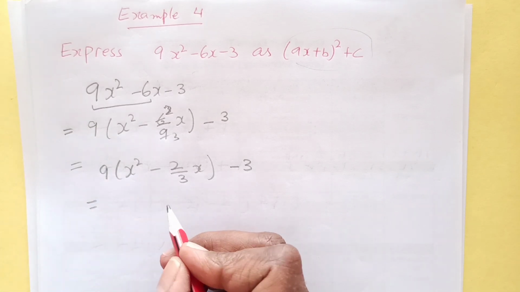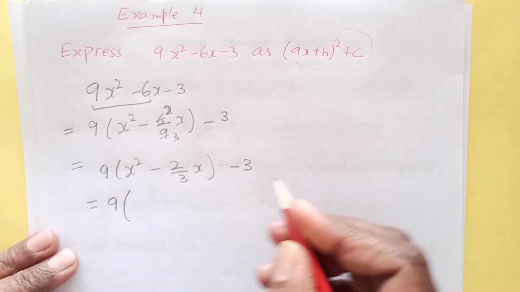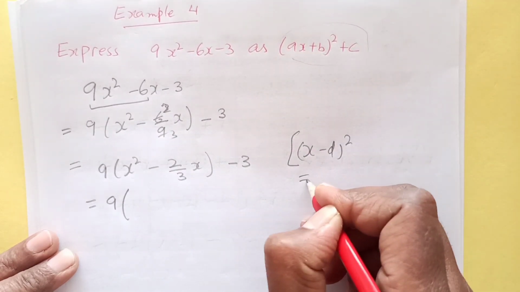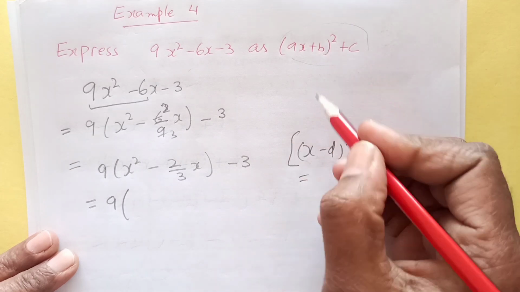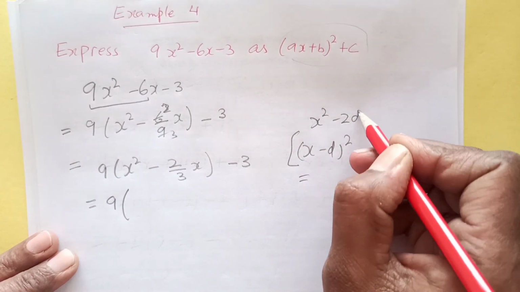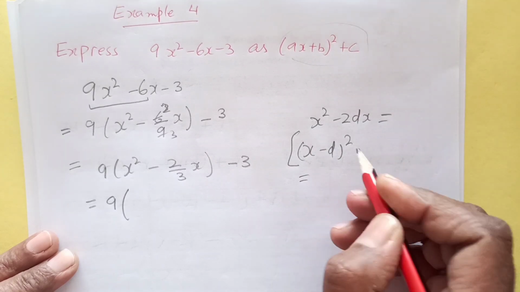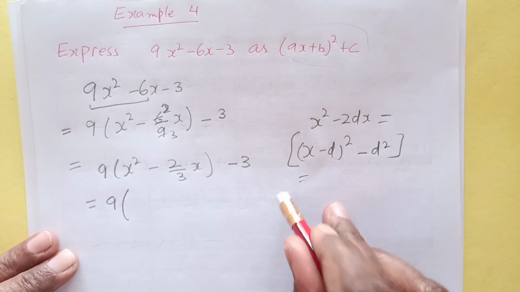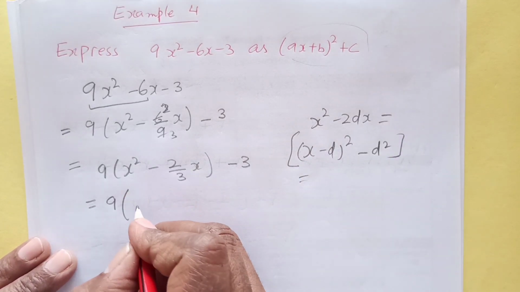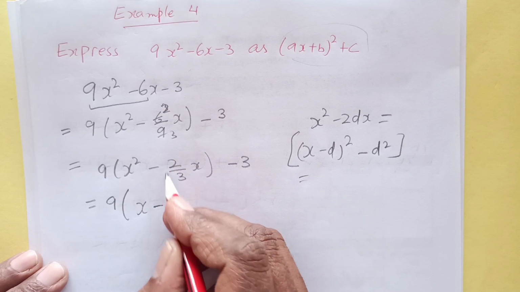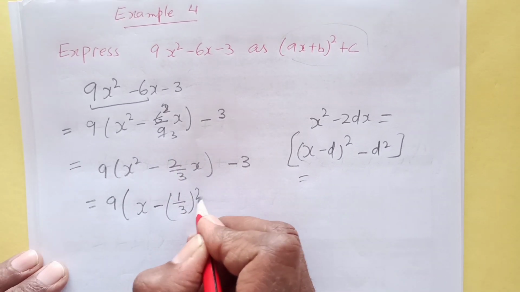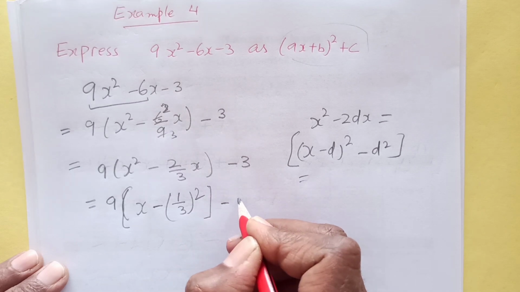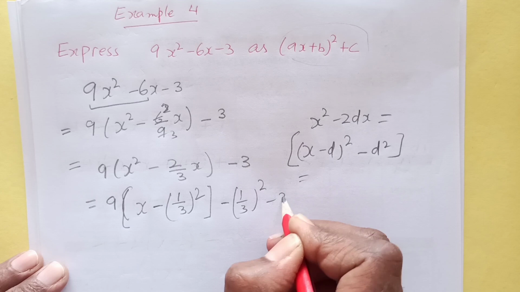So then using the same formula, 9 into, now we are using x squared minus 2dx is equal to (x minus d) squared minus d squared, right? So this is the formula that we will be using. So x minus d, d is now half of this, half of it is 1 over 3, squared, minus d squared, again minus 3.